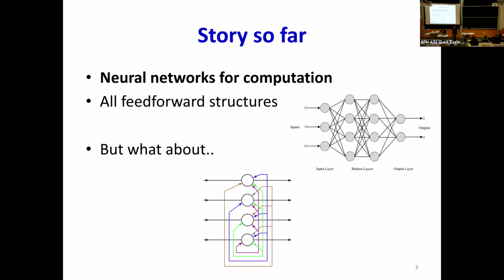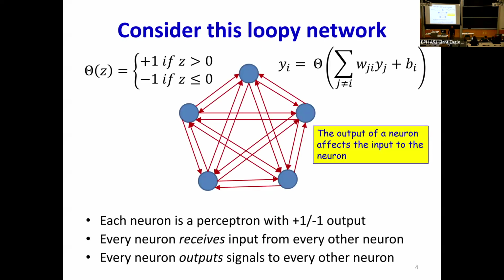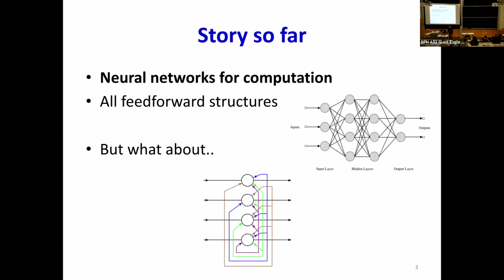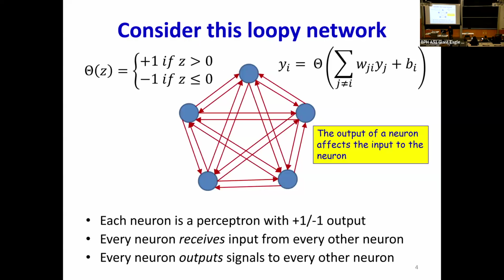So for example, if neuron A fed neuron B, but neuron B went back and fed neuron A. So how would these networks function? For this, the figure at the bottom, with the outputs going back to the input, is essentially the same as this network here. We are speaking of loopy networks, where each neuron's output goes to the next neuron, and neurons receive inputs from all the other neurons.